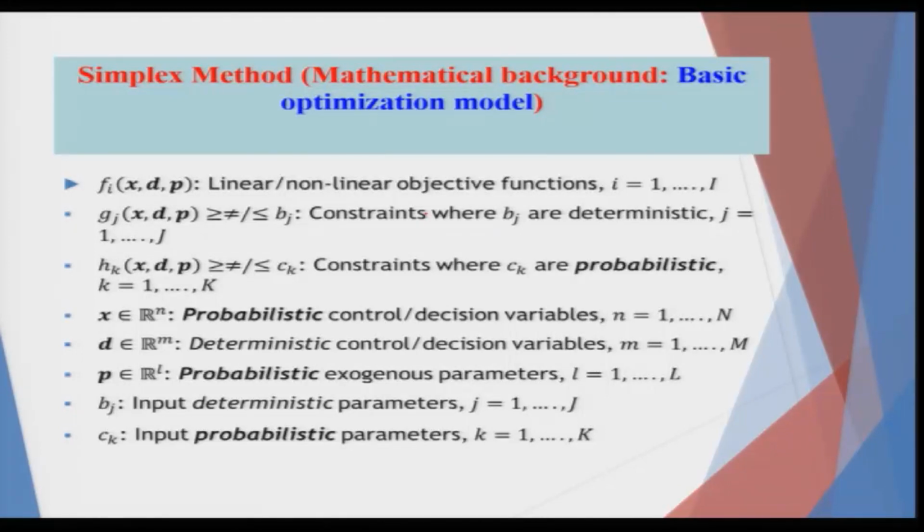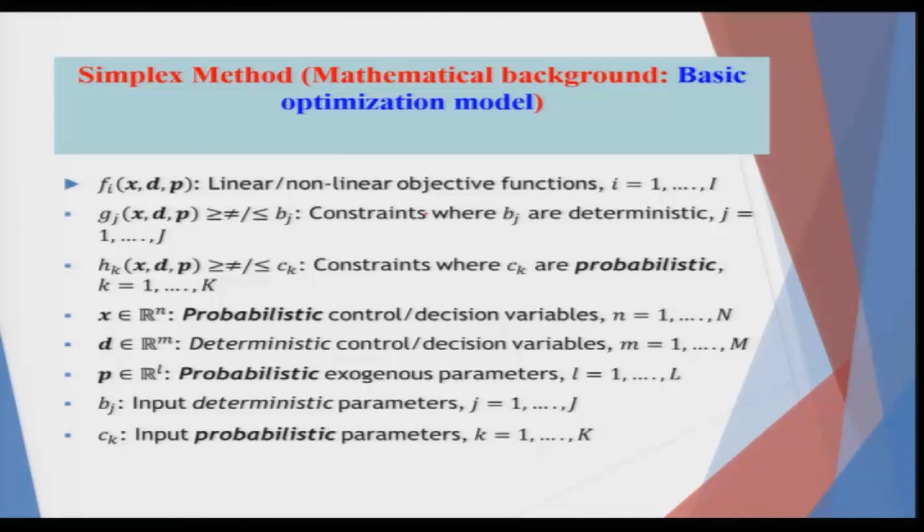F_i, I am not talking about what is inside, x, d, p are the decision variables, deterministic parameters, probabilistic parameters, is a linear or non-linear objective function, capital I in number. We will consider the linear part with one objective function for the simplex method. Gj's, again functions of x, d, p variables, deterministic and probabilistic parameters, are constraints where Bj are deterministic in nature.